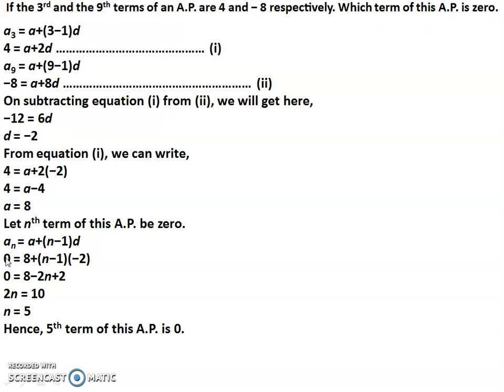You can substitute 0 as the nth term and find the value of n. You will solve the linear equation and get d and a, and then use an equal to a plus n minus 1 into d and substitute an as 0 and get the value of n.